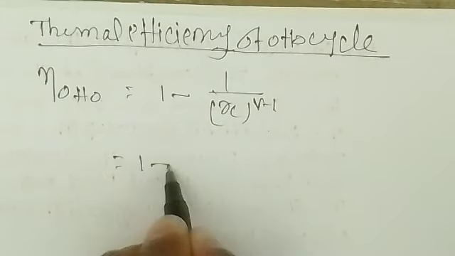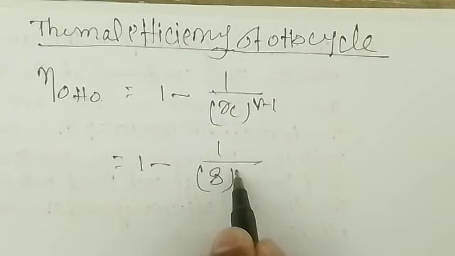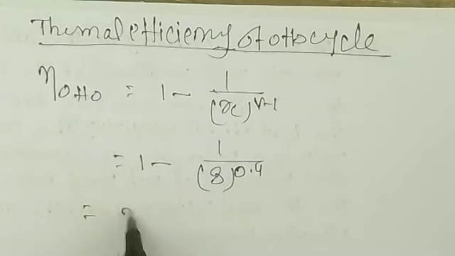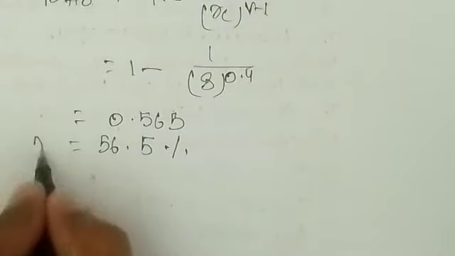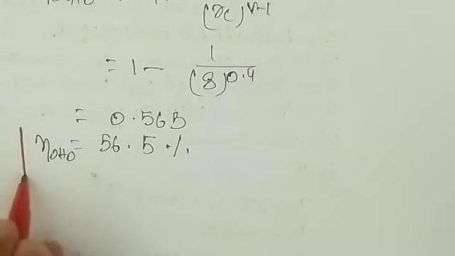RC is given as 8, and the adiabatic index for air is 1.4, so gamma minus 1 is 0.4. So you'll get the value 0.565, or you can say 56.5%. So this is the thermal efficiency of the Otto cycle we got for the given question.